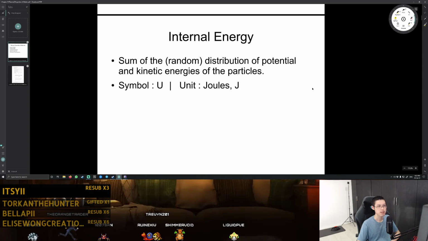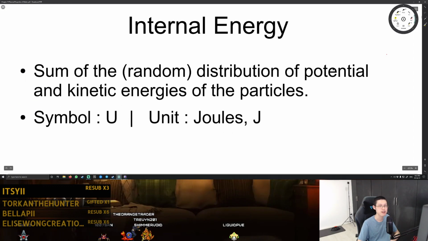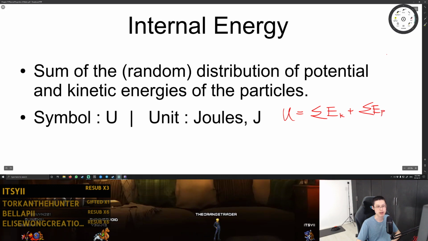Okay, so we're going to start off with the definition of internal energy. The internal energy is the sum of the random distribution of potential and kinetic energies of the particles. So you write it as U, and that's the sum of all the kinetic energy of all the particles, plus the sum of all the potential energy of all the particles, and that's how you get the internal energy of the particles.